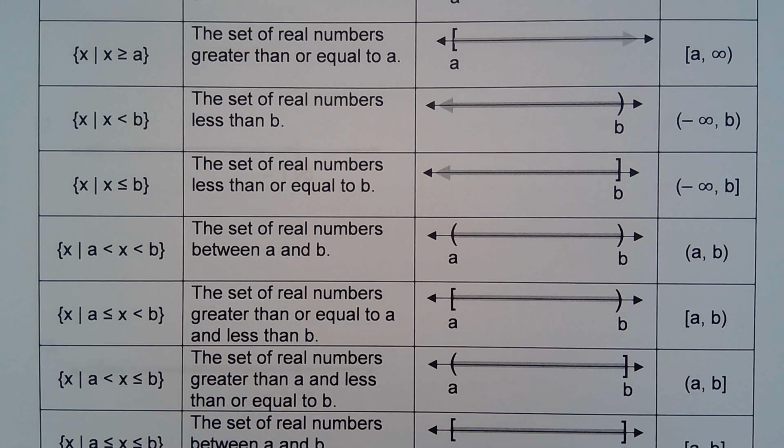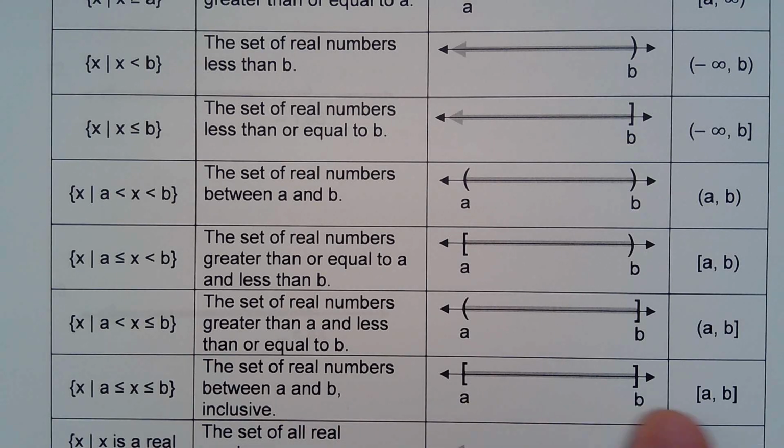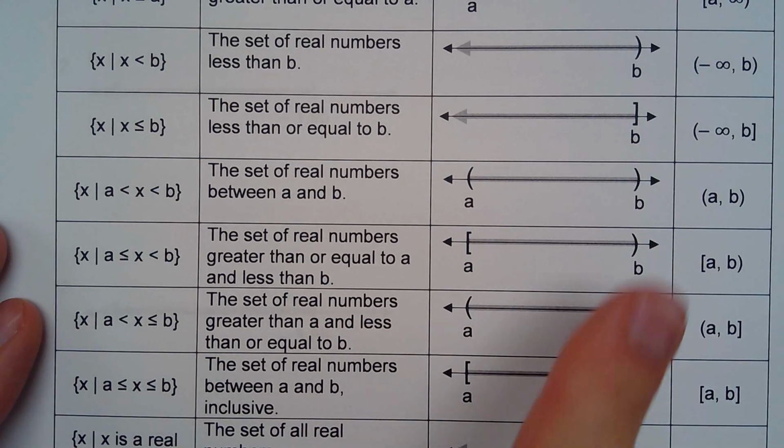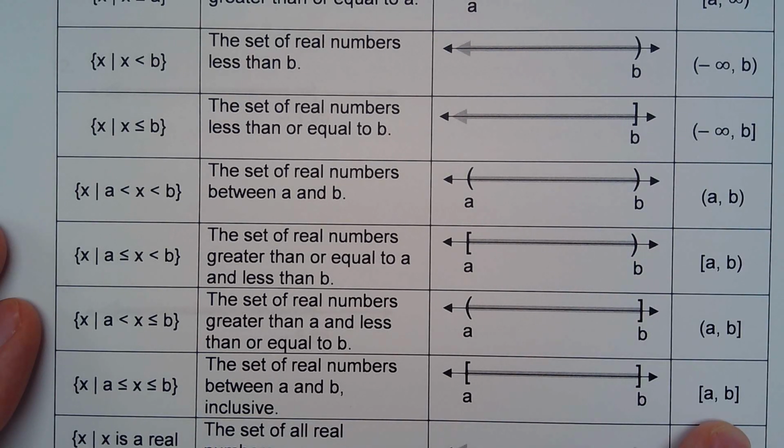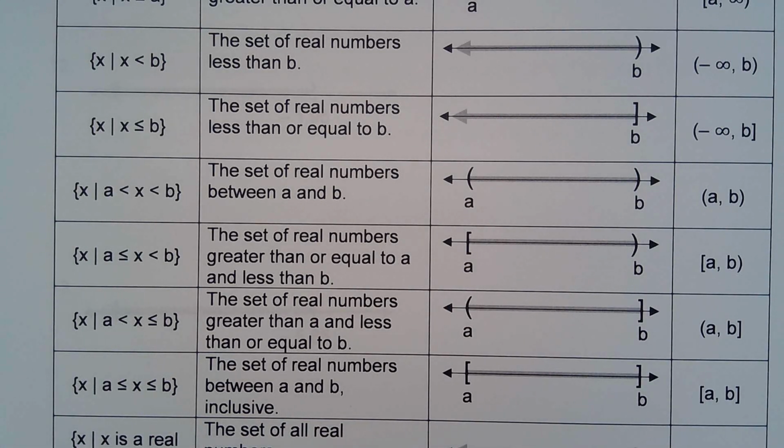And then here, for this example, I have to put square brackets on both. So notice this looks like a bunch of points, but they're not. These are interval notations. So the only way you tell a difference between a point and something in interval notation is by the context.